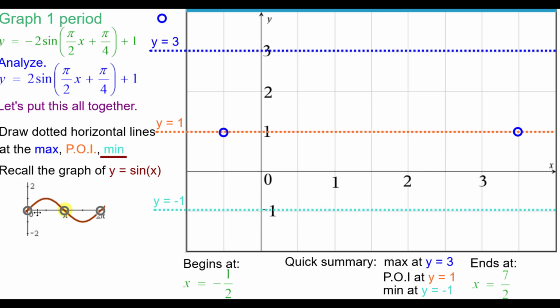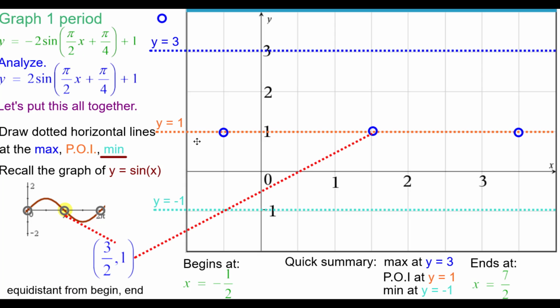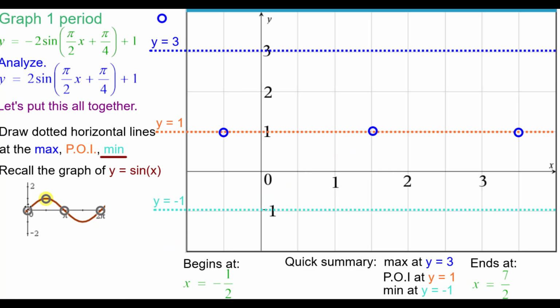Halfway between these two, beginning and ending of a period, is another point of inflection. We can kind of see where that is here. It's going to be at 1.5, comma 1, equidistant from the beginning and the end. Halfway between these 2 points of inflection is a maximum, so a similar thing is going to happen here.